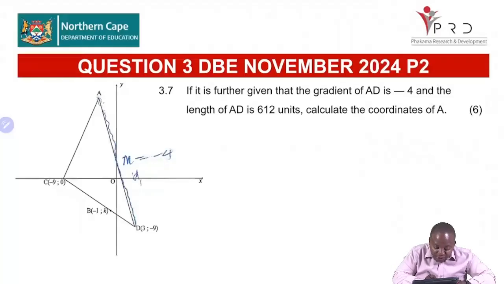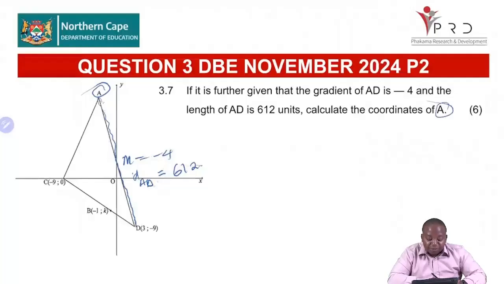So the distance of AD was given as 612 units. Then we are supposed to calculate the coordinates of A. So we are going to use those two pieces of information to find the coordinates of A, and our coordinates of A are (x; y), because we don't know those coordinates yet.